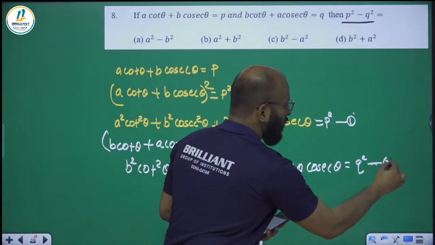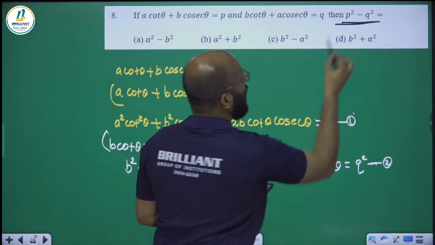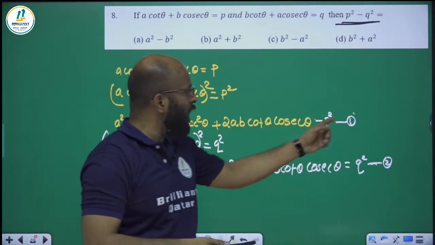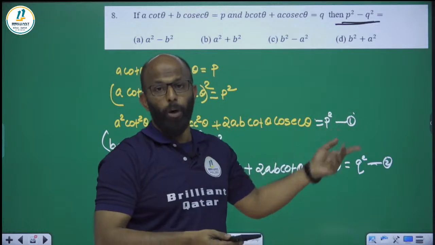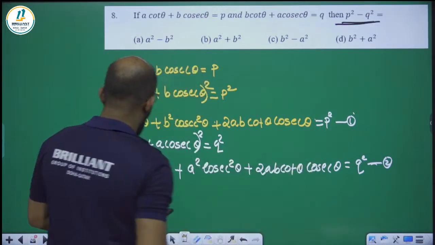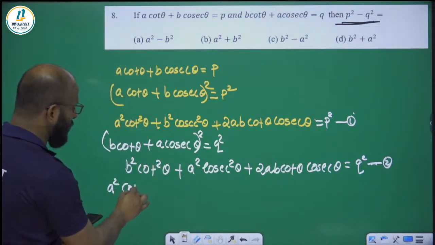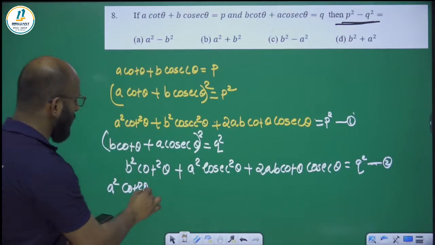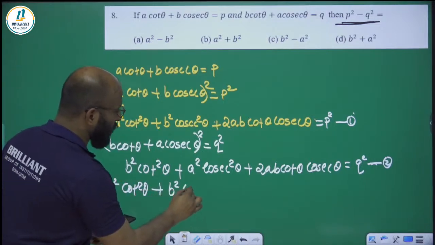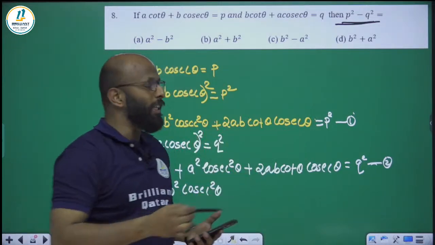Now, what is the required expression? The required expression is P square minus Q square, which means we need to subtract equation number 2 from equation number 1. When we subtract, the first one is A square cot square theta plus B square cosec square theta. Look at this one, positive 2AB cot theta cosec theta.